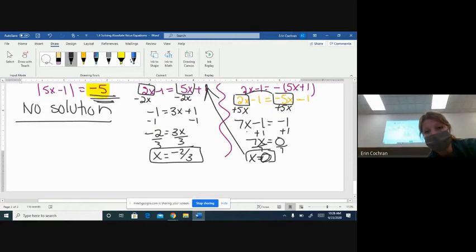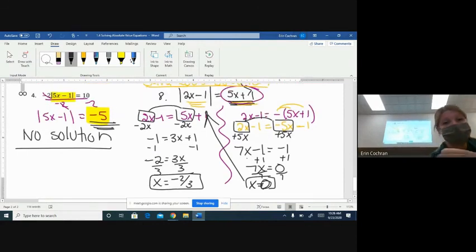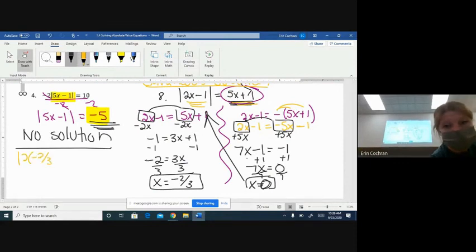All right, so let's do this negative 2/3. We have 2 times a negative 2/3 minus 1. Okay, 2 is the same thing as 2 over 1, right? So it's 2 times negative 2, negative 4 over, what's 1 times 3? 3.